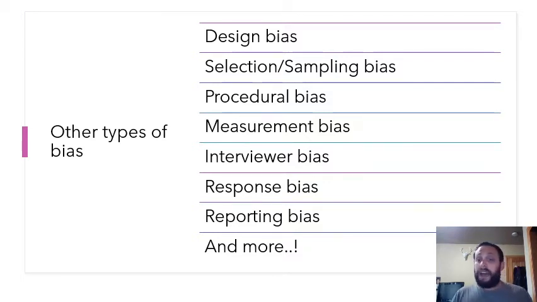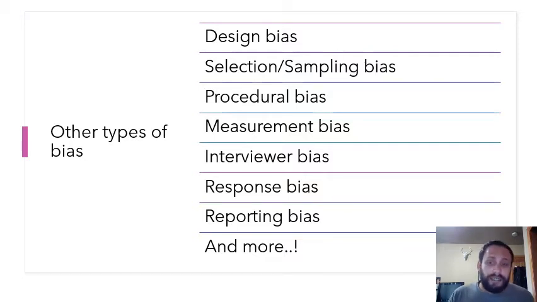Measurement bias: every single measurement you take has some sort of bias associated with it. Interviewing bias: in the case where you have interviewers doing qualitative research, or research that isn't really numerical, where they're just trying to get information through people, there might be differences in interviewers and the way that they conduct the interview, and many, many more biases.